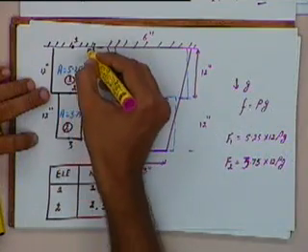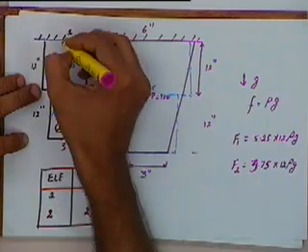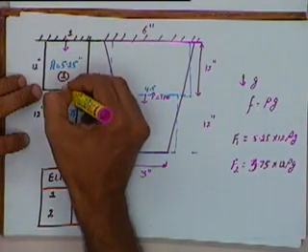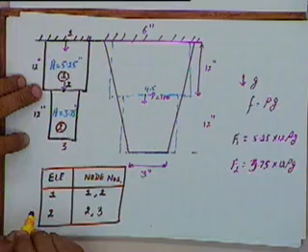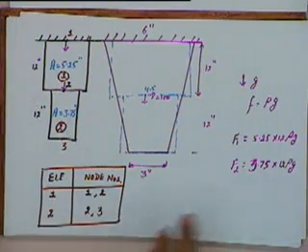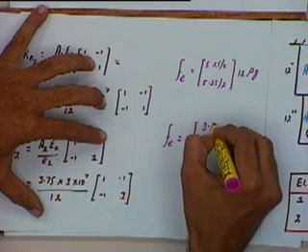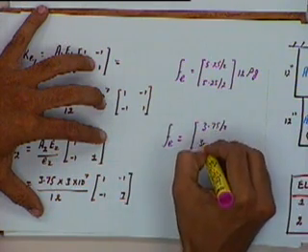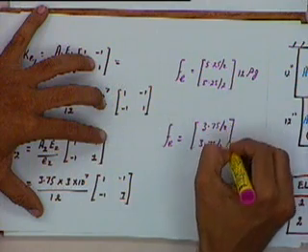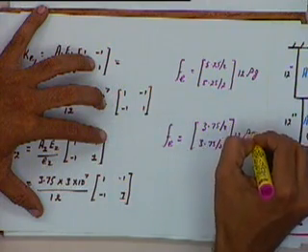I am looking at this element, and whatever the total force acting, half of it will act here and the other half will act at the other node. Similarly, for the other element, the body force will be 3.75 by 2, 3.75 by 2, multiplied by 12 rho g.